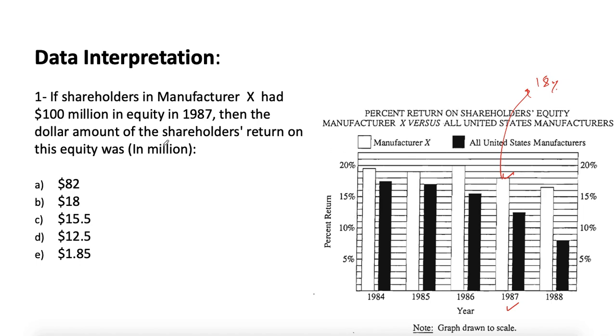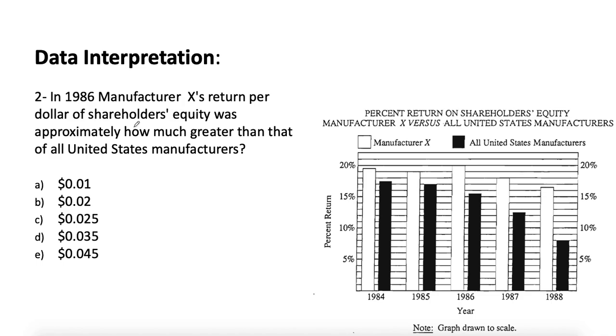Then the dollar amount of shareholder return on equity is 18% of the total. So what is 18% of 100? That is 18. So $18 is our required amount, the shareholder return on equity, and that is option B. Now let's move further.